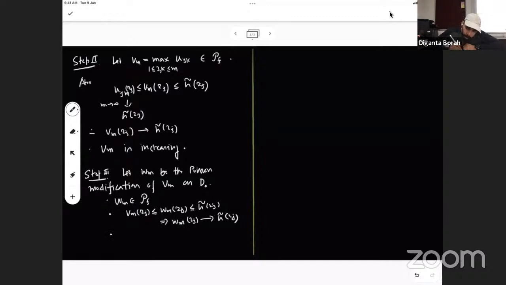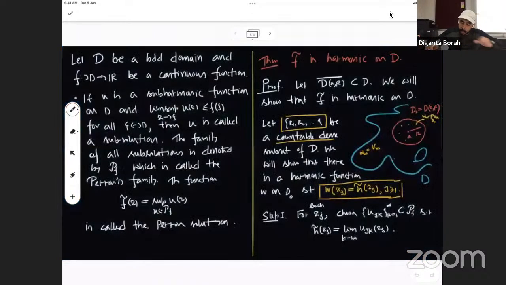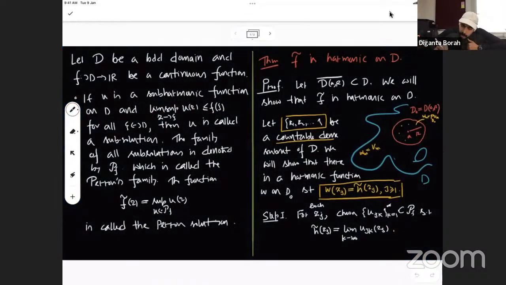The additional properties Wm has are, so let's see if it is still increasing. You want to keep that property intact. Now you see Wm is Vm outside the disk. So Vm is increasing, so Wm also increased. What happens inside the disk? Well, if you look here, Wm plus 1 on the boundary is Vm plus 1.